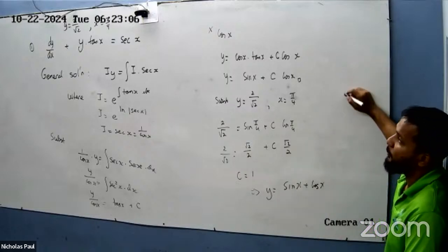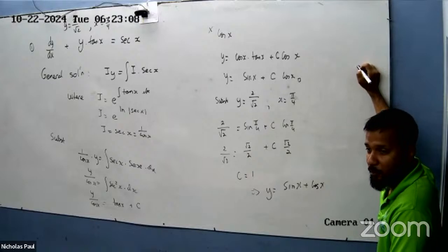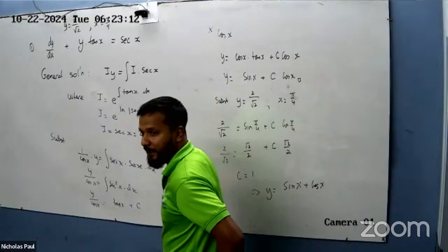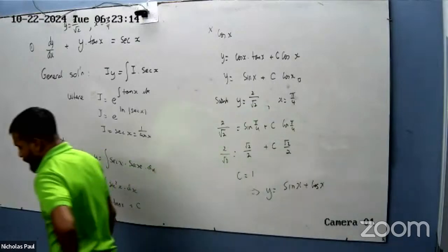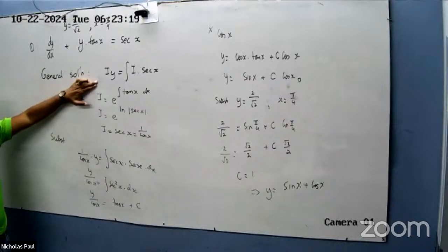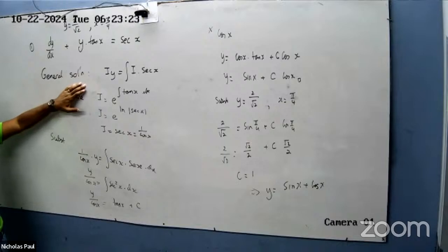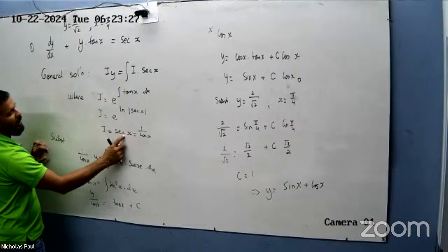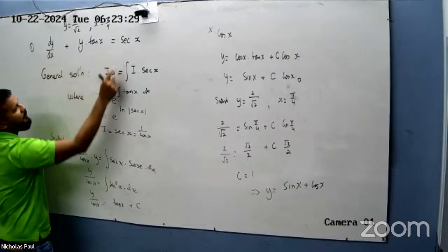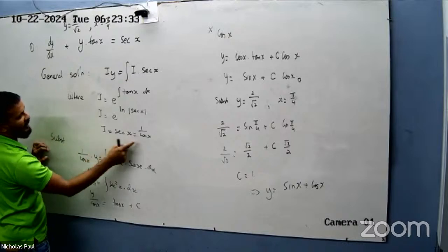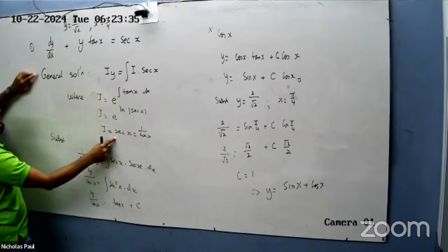So next we've got some harder ones like this, right? Before you go and take a little break, watch this here. Where did this general solution come from? If I were to multiply every single term here by sec x, watch what will happen.